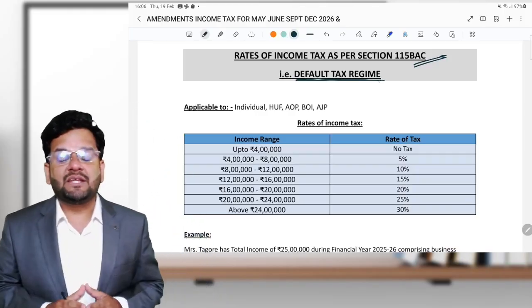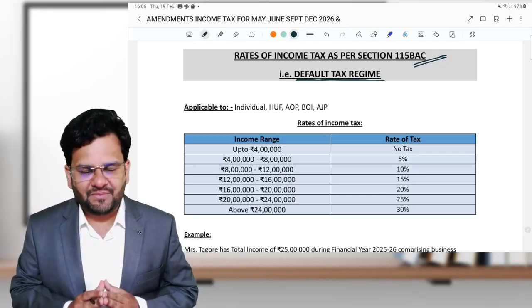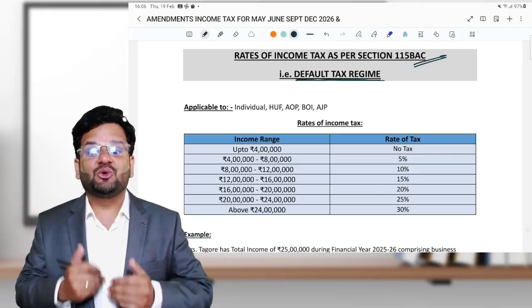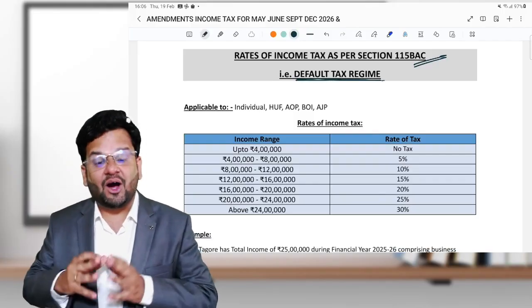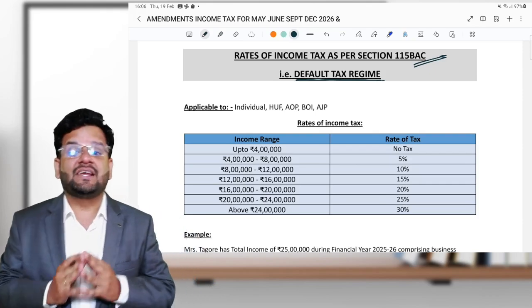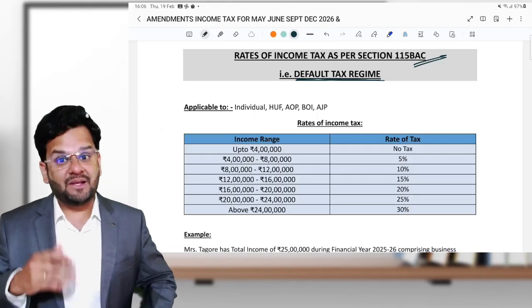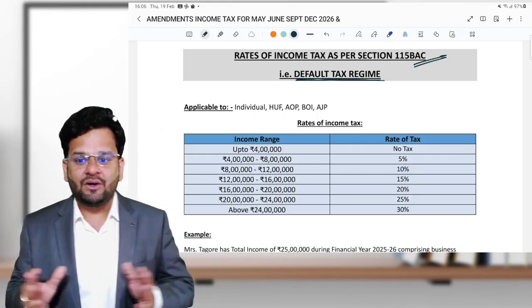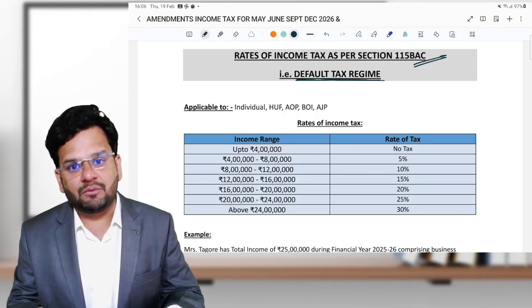You all know that many deductions are not allowed in the default tax regime. So without allowing those deductions, whatever income you get, and after taking standard deduction in salary of rupees 75,000, and family pension deduction and all, you know how to calculate total income under section 115BAC.